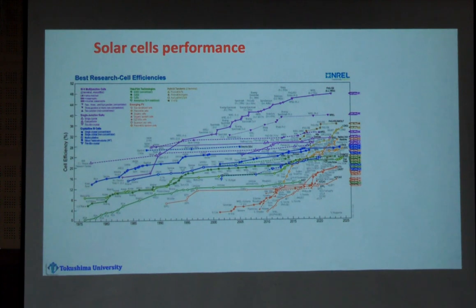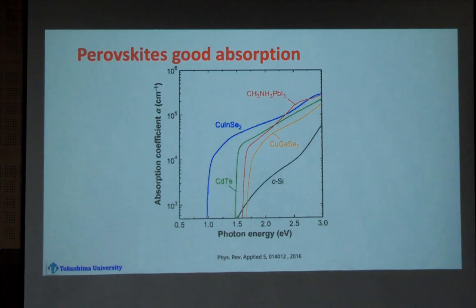Efficiency is not increasing, but people are trying various combinations. They are focusing on perovskite material because of its high efficiency. Solar must give high efficiency, then it can be used.